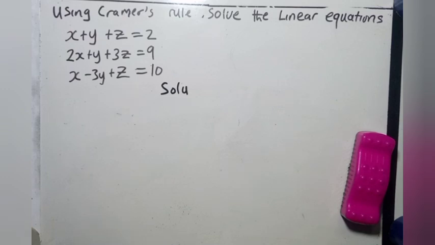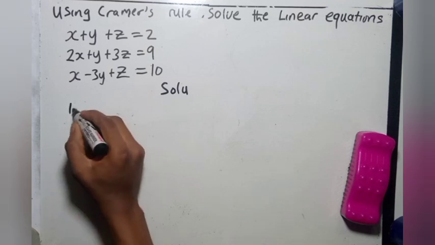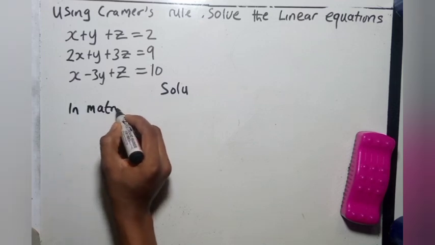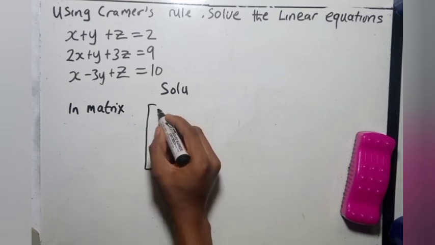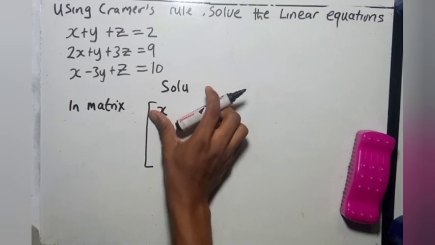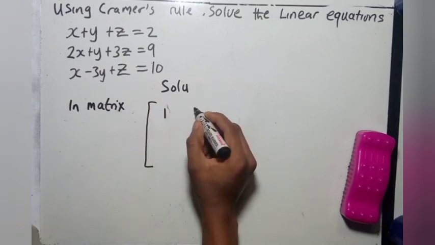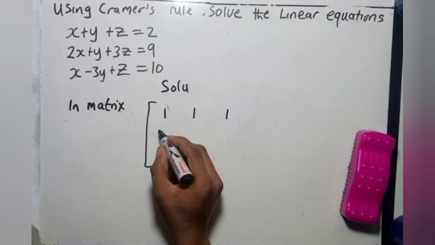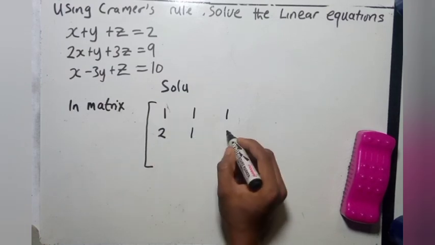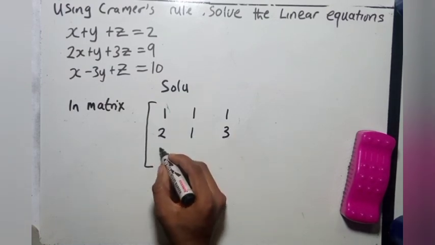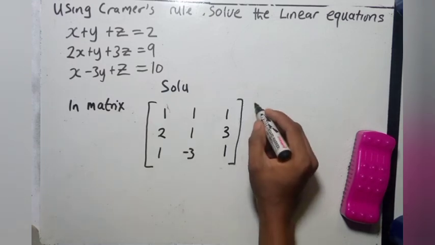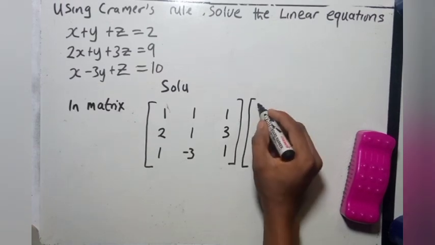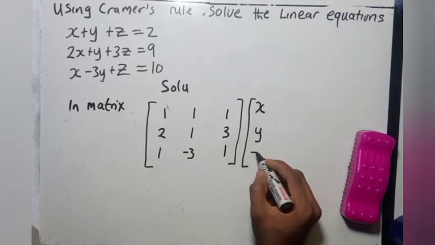Now, the first step we'll be taking is representing this in matrix form. So, in matrix, we have that to be 1, 1, 1, 2, 1, 3, 1, minus 3, and 1, multiplied by x, y, z.